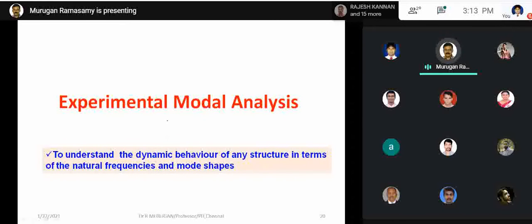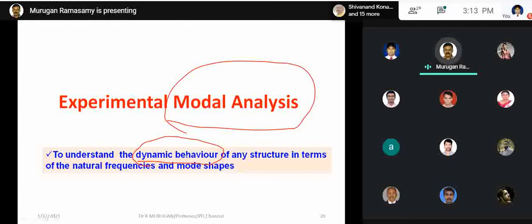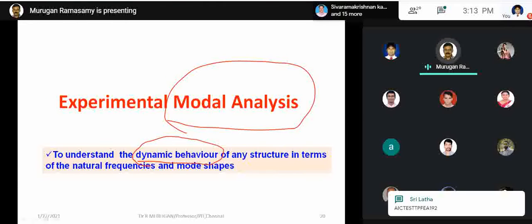The important use of modal analysis is that we can easily find out the dynamic behavior of a structure, right? If a structure is subjected to a dynamic load condition, you have to understand what the natural frequency of the particular structure is, to avoid the resonance condition.